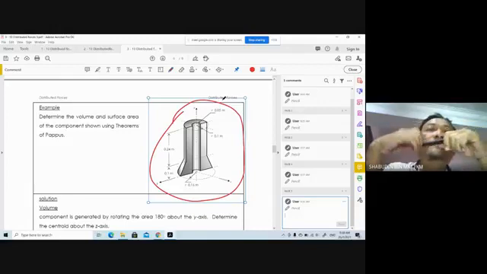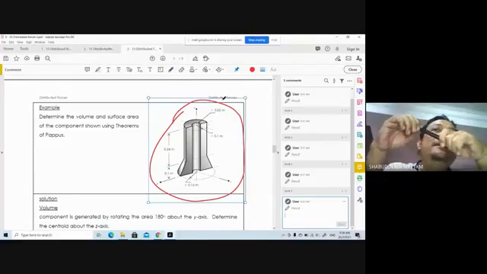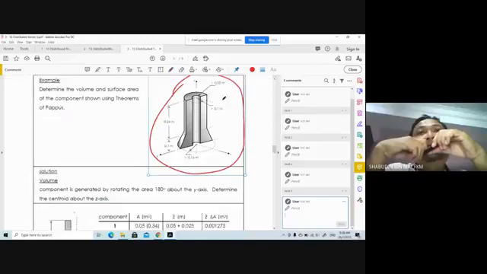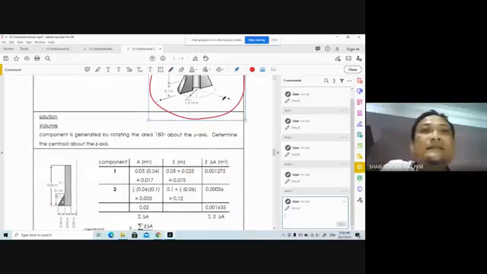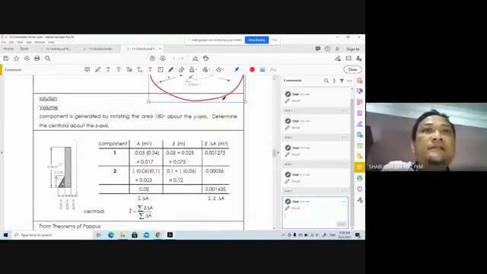Half an object means that you rotate by 180 degrees only. In this particular case, you rotate the object about the y-axis. So it's simple there. How many components are there? Just one component and a second component there.